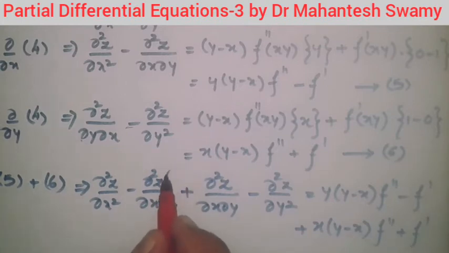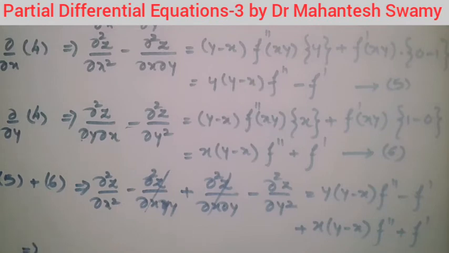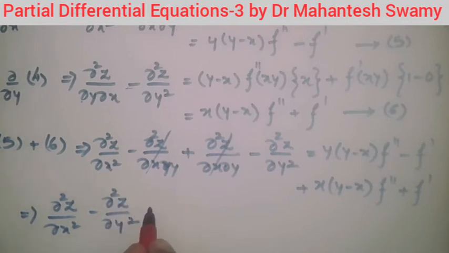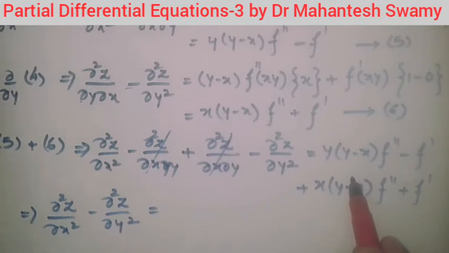So we can cancel minus f′ with plus f′. So the resultant is, if we arrange the terms like this, ∂²z/∂x² minus ∂²z/∂y² on the LHS, whereas on the RHS f″ is common, and again the (y − x) bracket is common, so here y remains, here plus x remains.